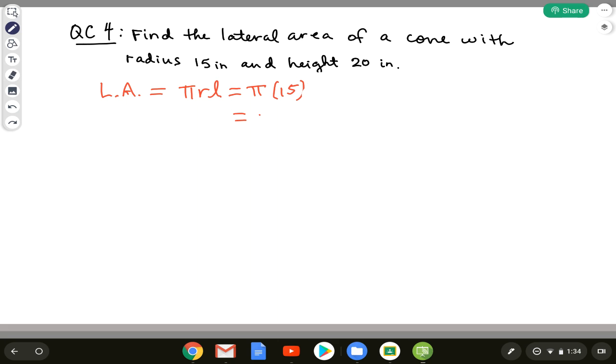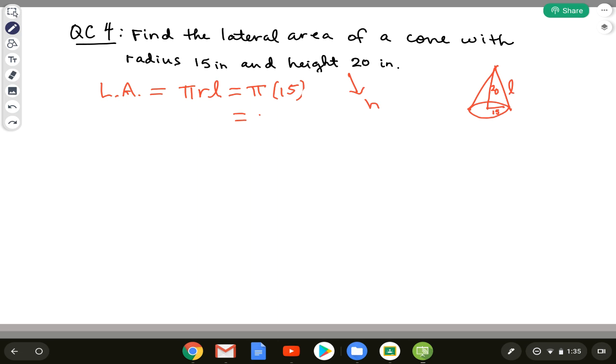Okay, so I'm given a cone. They told me the radius is 15, and they told me the height is 20. Not the slant height this time. So that is my h. I need to find the slant height.